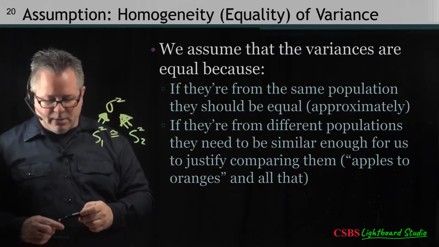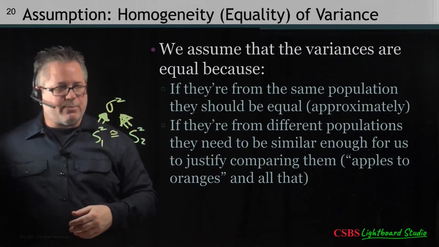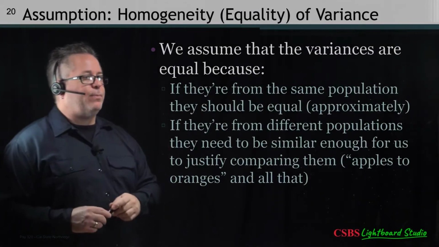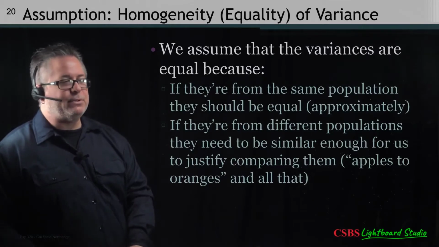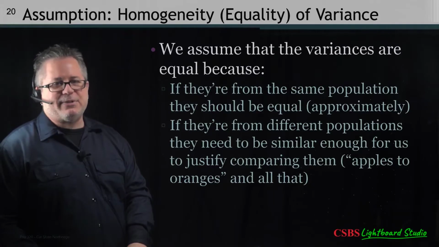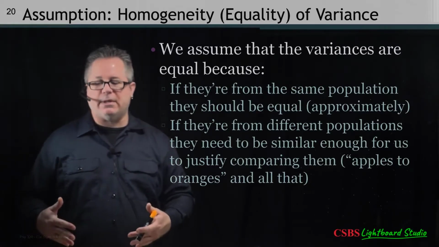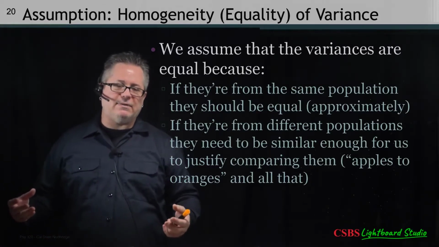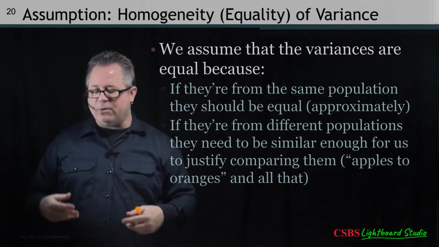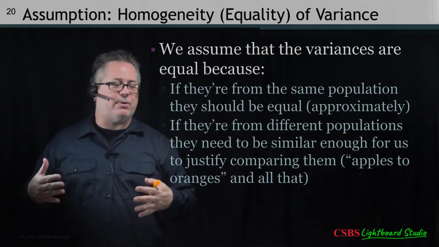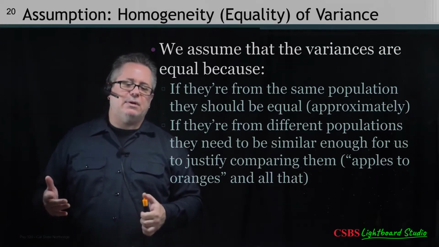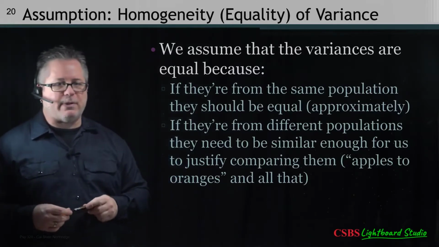All right, well, what about if they're two samples from two different populations? Even if they're from different populations, we need to be able to compare them. And to be able to compare them, they've got to be on the same scale, with roughly the same amount of variability, or else when we compare their means, if their means don't mean the same thing, if they don't represent the same scale, then we probably shouldn't be comparing them in the first place.